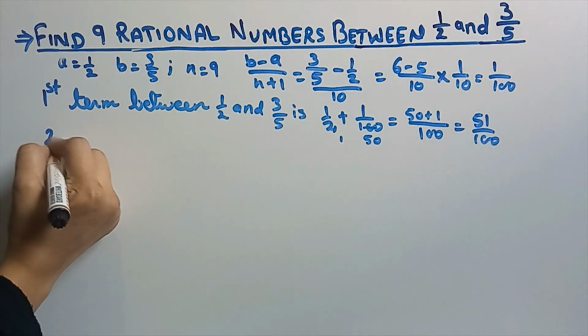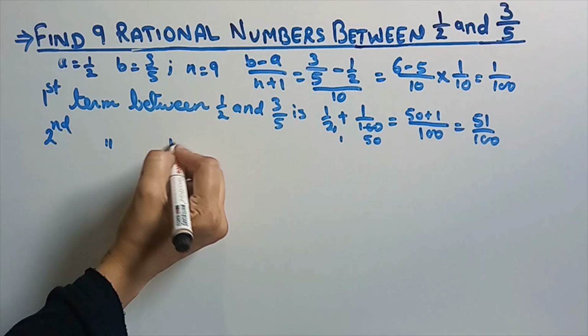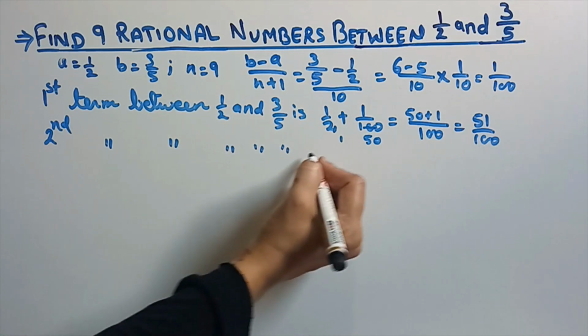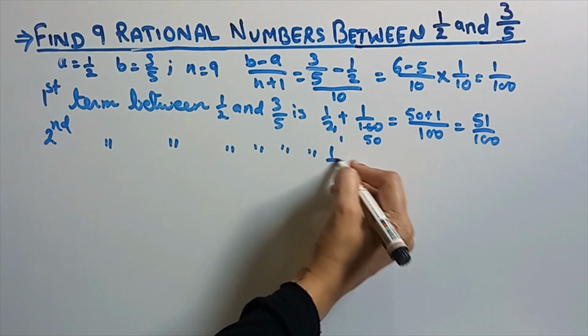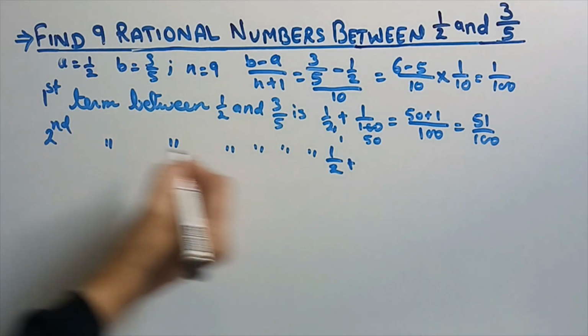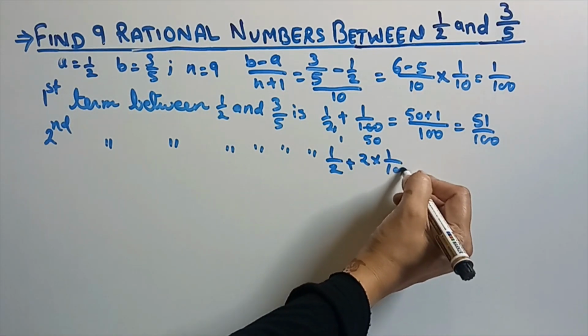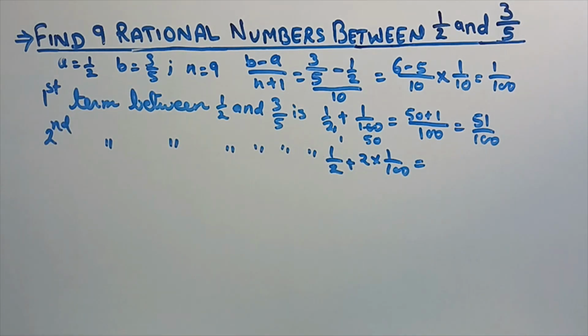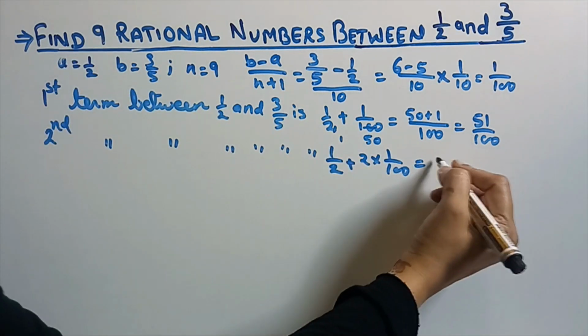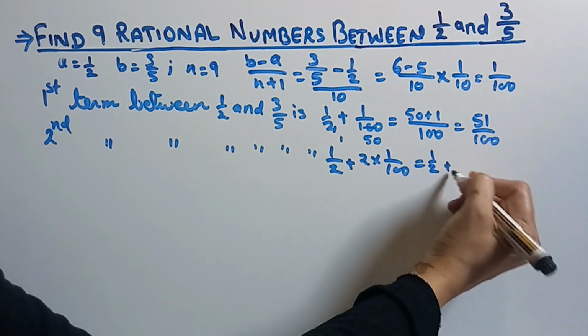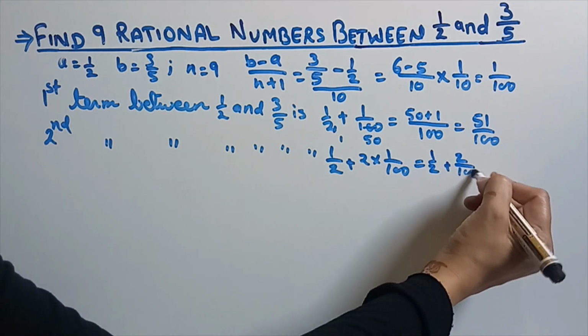Now we have to find second term between 1 by 2 and 3 by 5 is 1 by 2 plus, now I am finding second term, so I will multiply with 2 into 1 by 100. So this will become 1 by 2 plus 2 by 100.